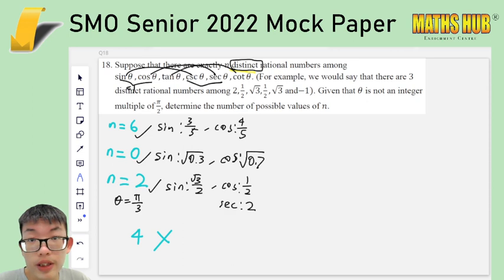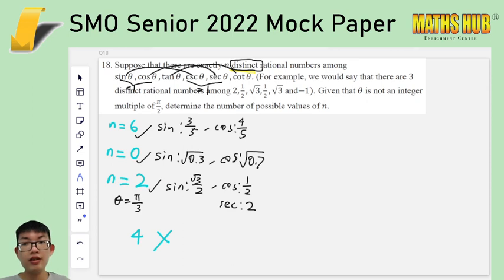And these two are more than 1. The tangent is the one that can run all over the place. Now, you cannot have something like sine equals tangent because that would require cosine to be 1 or sine to be 0, and all of these are special cases of multiples of pi over 2. In fact, you can't also have sine and cosine both be equal to each other and rational. You can't have secant and cosecant being equal because that's the same as sine and cosine being equal.